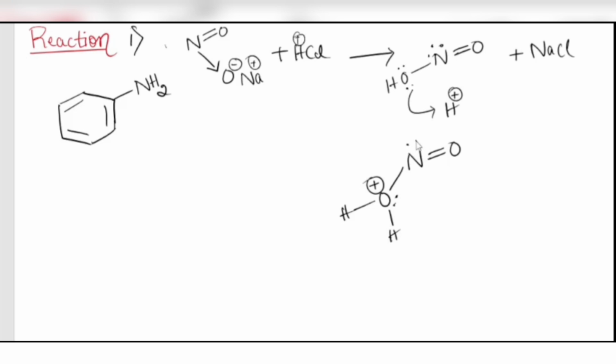And now the lone pair present on this nitrogen and oxygen will be donated like this, and finally a water molecule will leave. We don't want the water molecule here, but actually the reagent is this one. This is the nitrosyl ion, with a positive charge and the lone pair on nitrogen as it is.